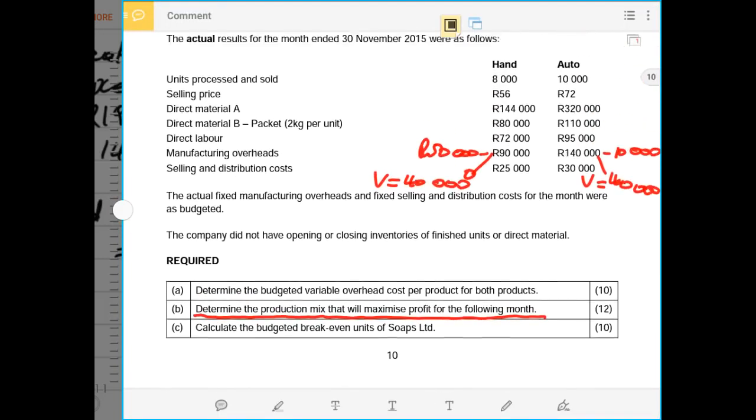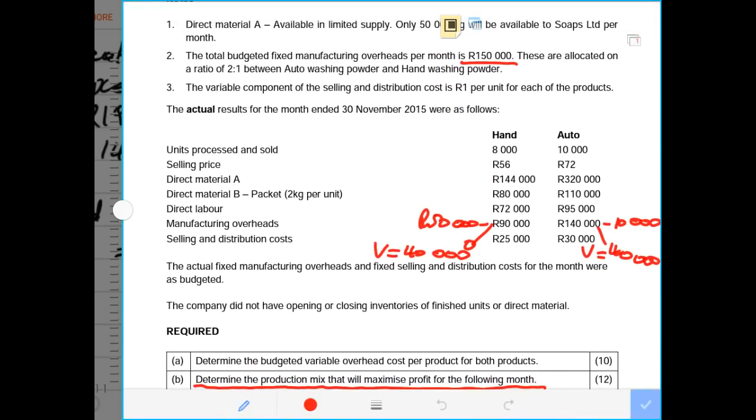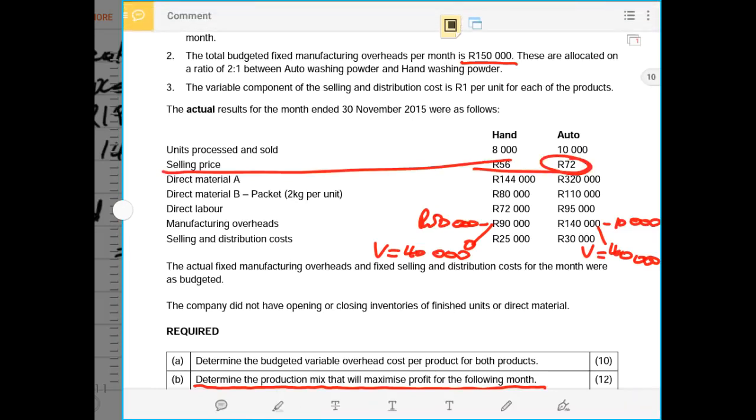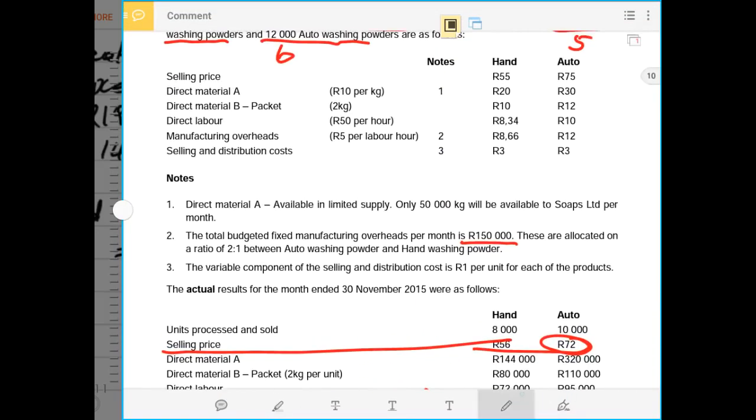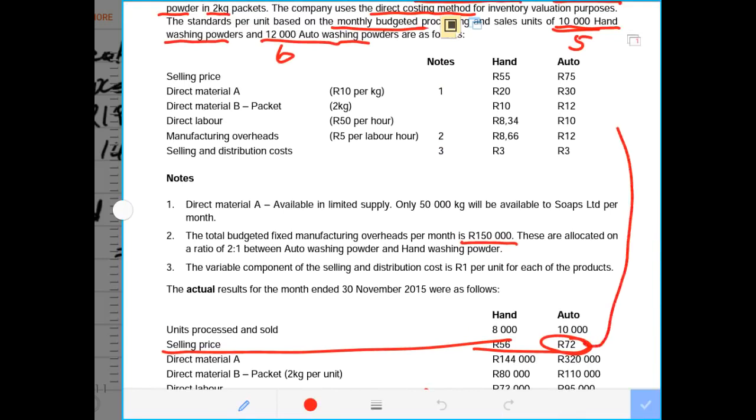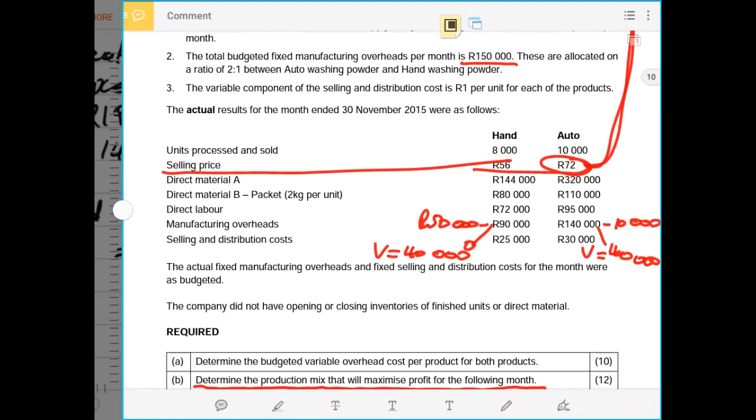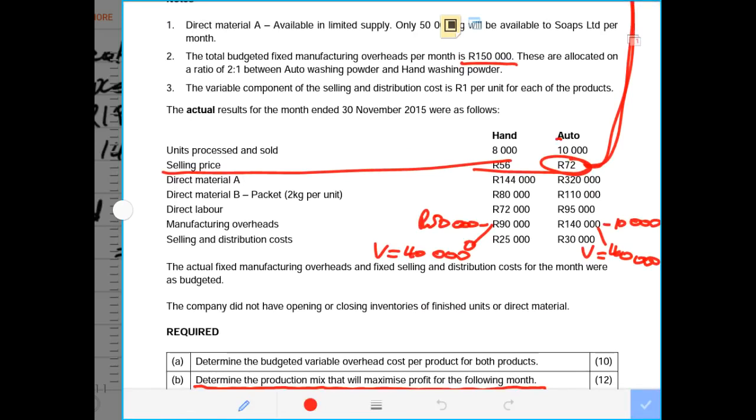Here the selling price for auto washing powder is 72 rand, and we know that the budgeted selling price was 75 rand. Therefore we say actual minus standard or budgeted, multiplied by the actual units that were sold, which is 10,000 units.